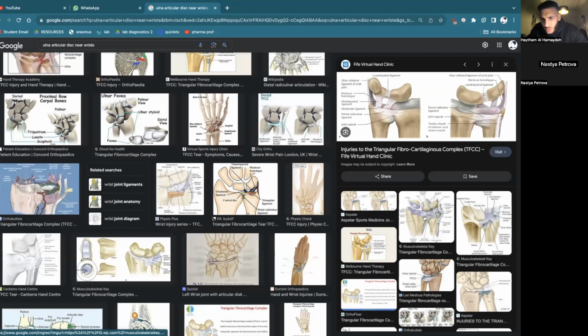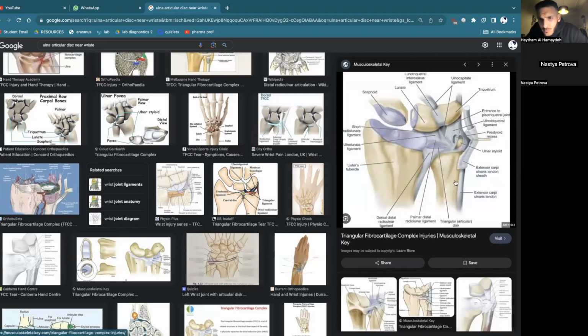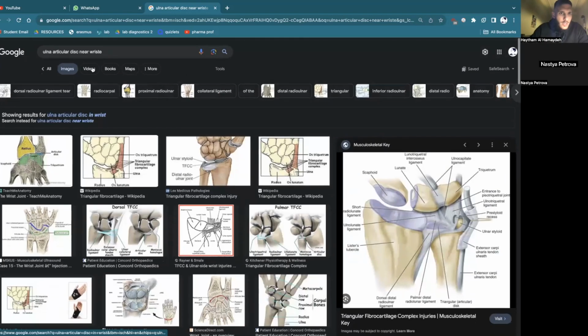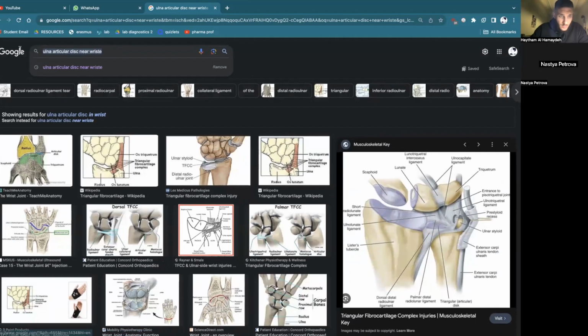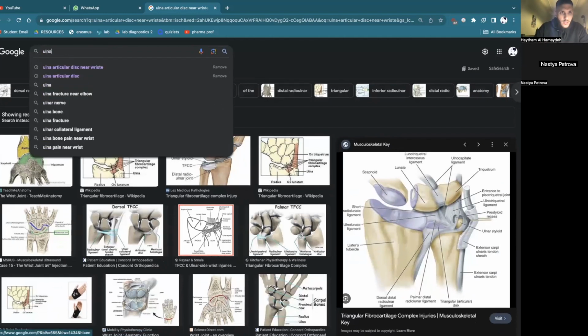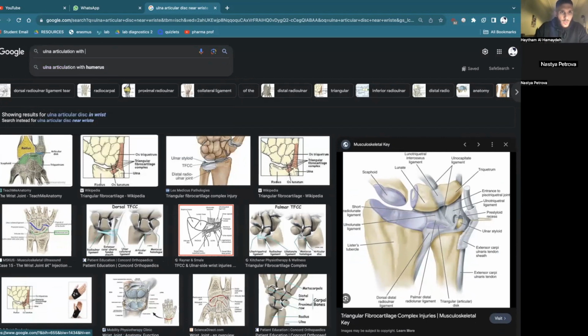Why is it not showing? Ulna articulation with carpal bones.